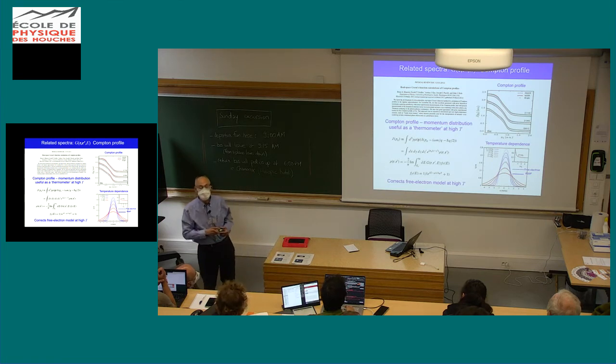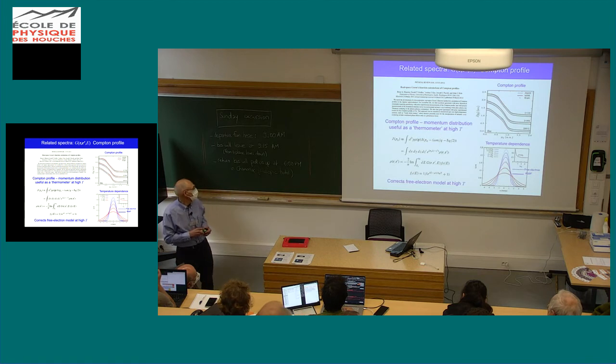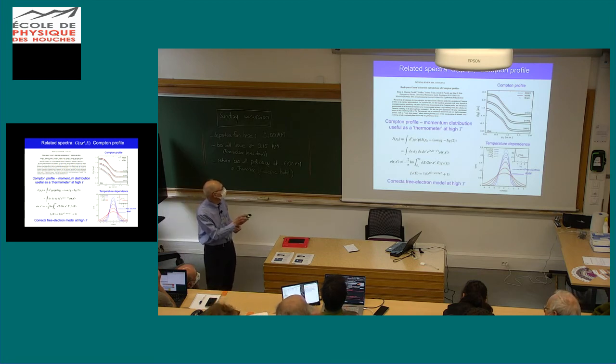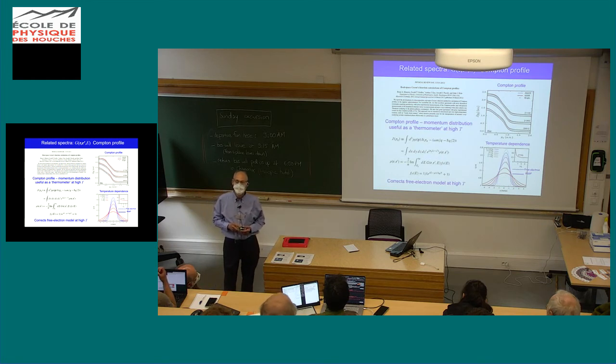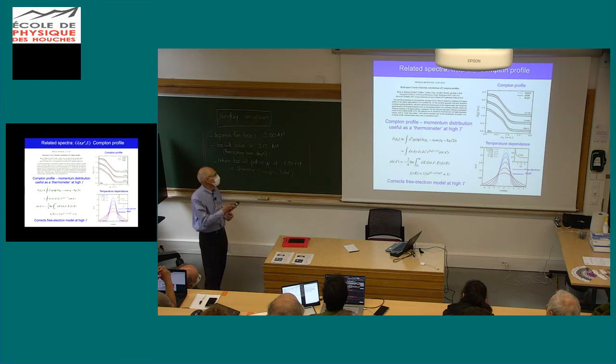Compton is also used as a thermometer in these warm dense matter experiments because it measures the momentum distribution. In fact, I think Compton was one of the first experiments used to prove the fermion nature of electrons. So they have this cutoff there.